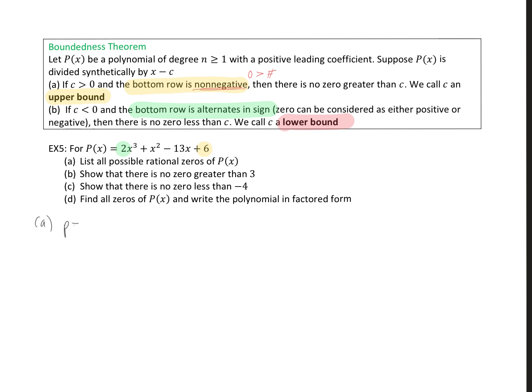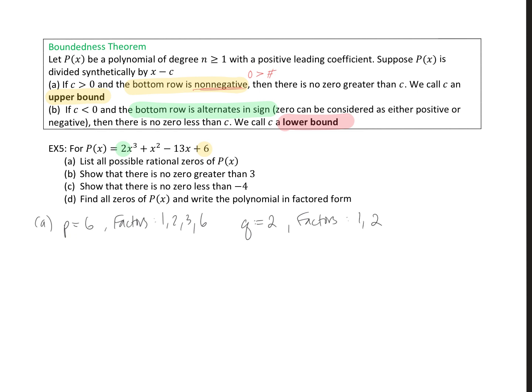Okay, so we have p is 6, and the factors of p are going to be 1, 2, 3, and 6. Then for q, the factors of q are going to be from 2. Well, factors of 2 are just going to be 1 and 2.